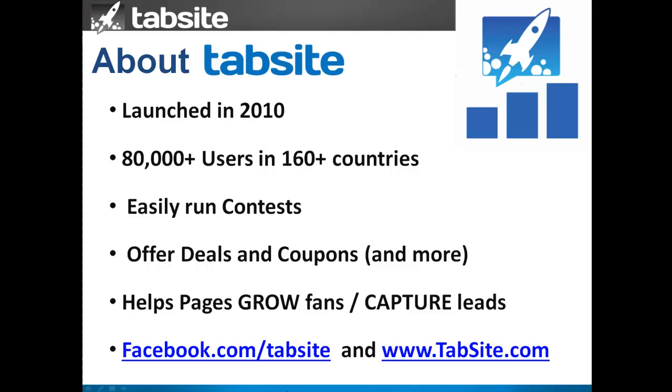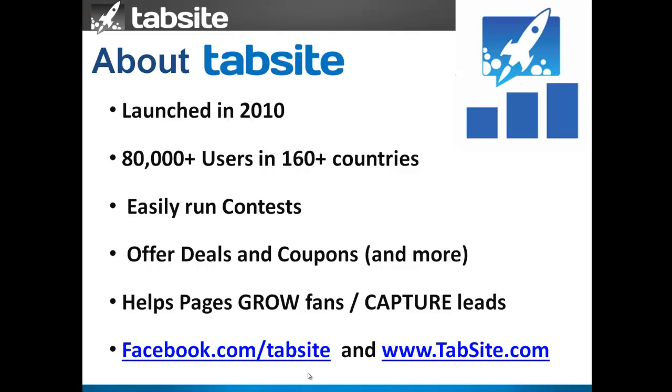Now, just a little bit about TabSite for those of you who are new to it. We have about 80,000 users worldwide in over 160 countries. What we enable you to do is easily run contests and offer deals, coupons, and more, and capture your email list.